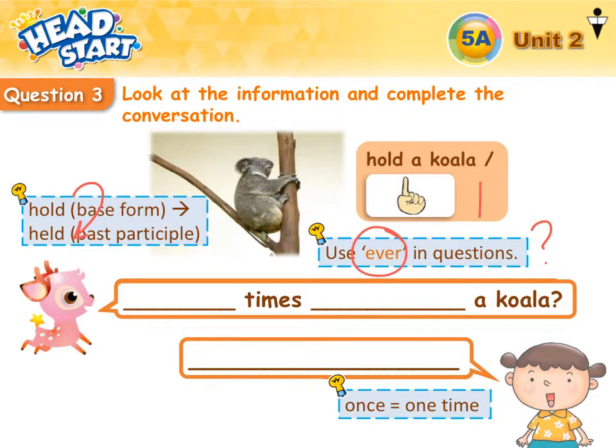Okay, let's try to make a question. Questions should start with how many times have you hold? We change it to held. How many times have you held a koala?